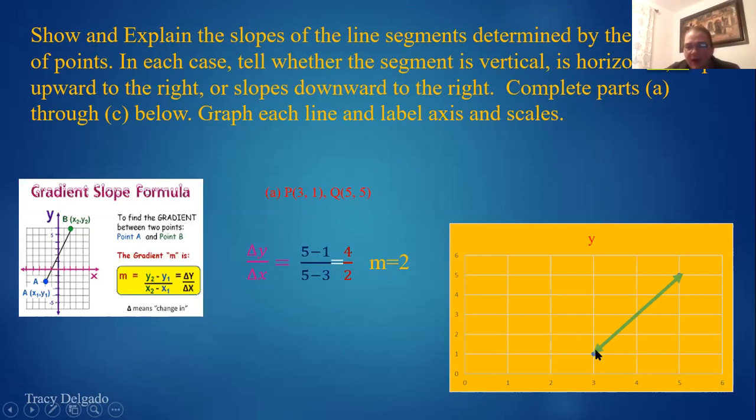And this is our line that we have graphed here. This is our 3, and this will be 5. And that's shown as going upward and to the right. So that's our slope.